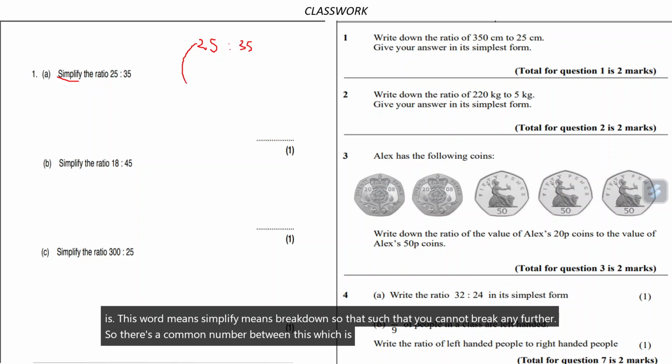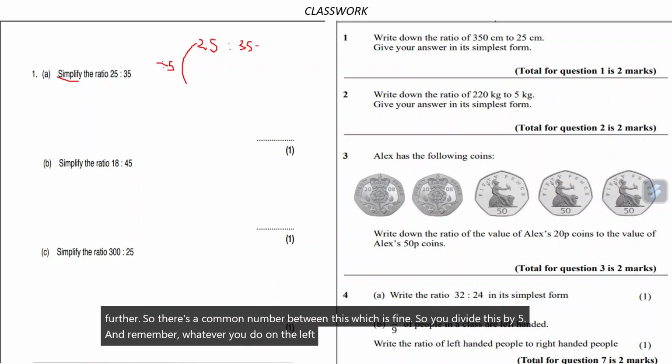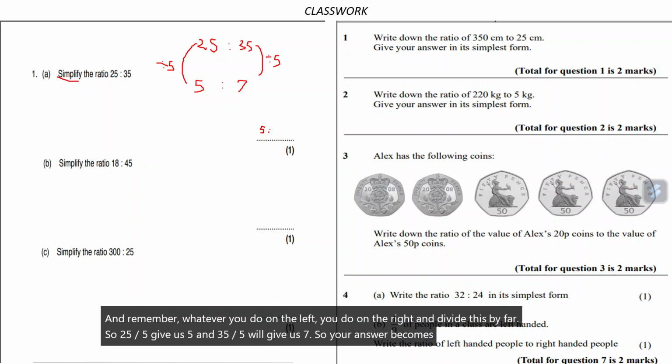So we divide this by 5, and remember, whatever you do on the left, you do on the right, so you divide this by 5 too. 25 divided by 5 gives us 5, then 35 divided by 5 gives us 7. So your answer becomes 5 to 7.